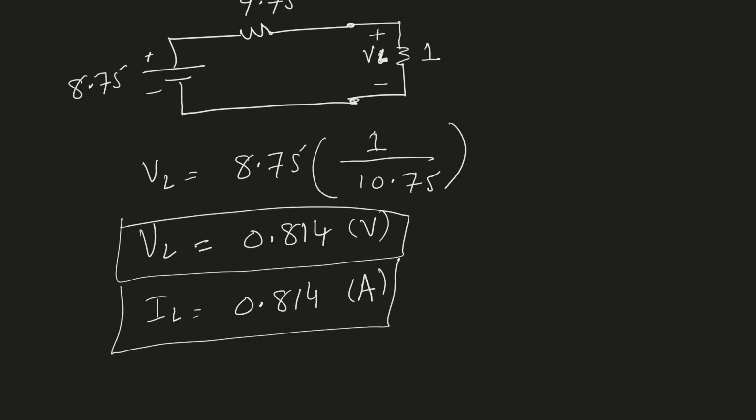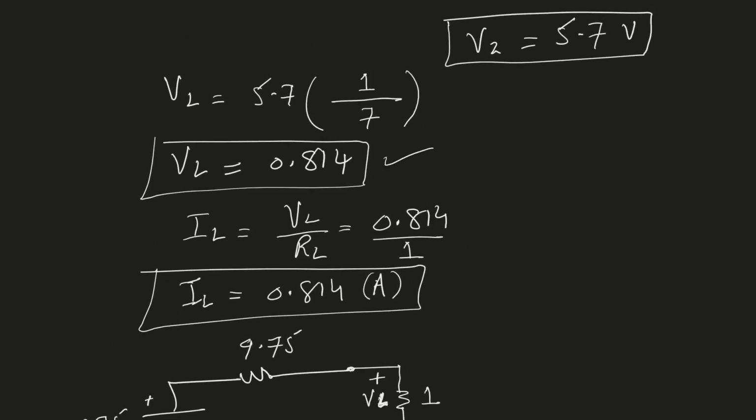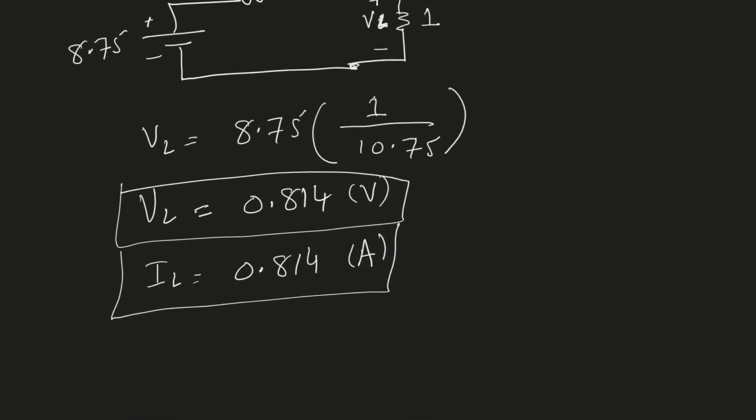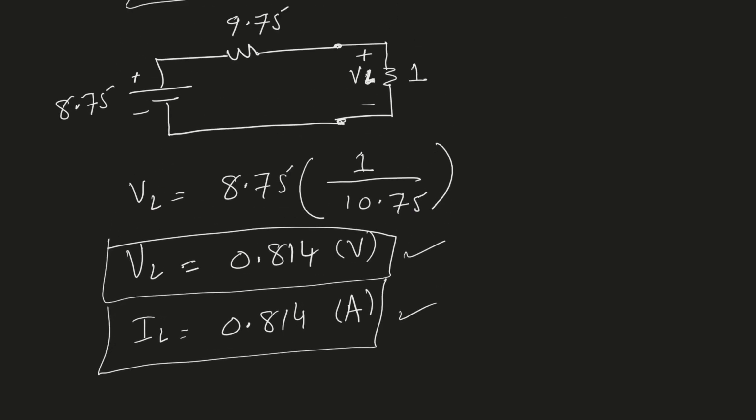So now let's compare these values: 0.814, 0.814. So the two circuits actually produce the same voltage and the same current in a load resistor, which is 1 ohm. And if you want to investigate this further, you can use a different value of load resistor, and you will see that both circuits will produce the same amount of voltage and current.